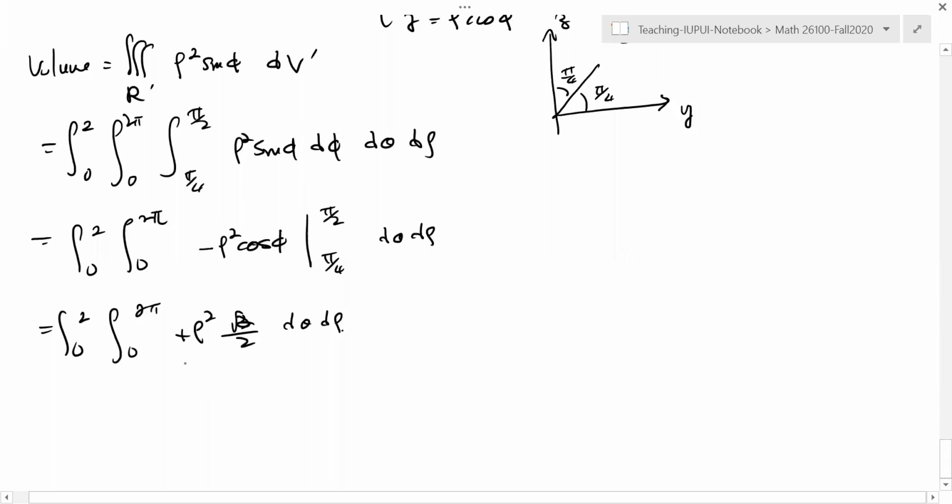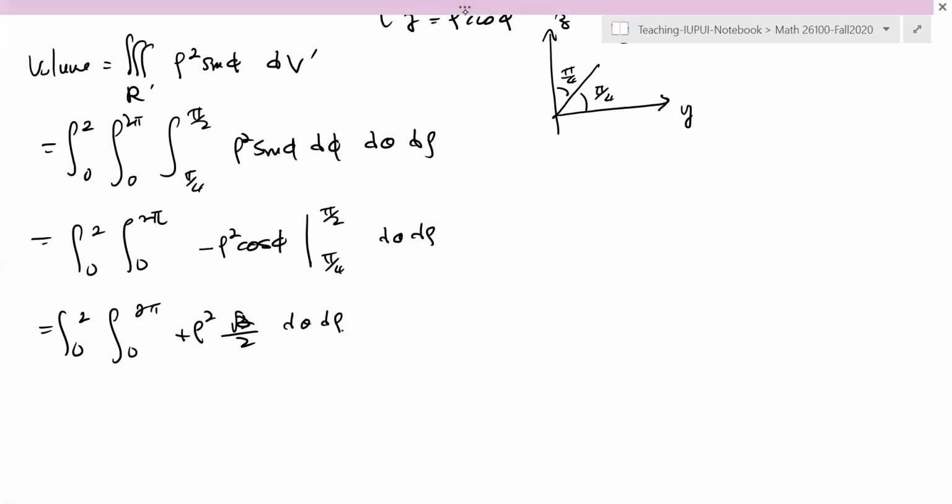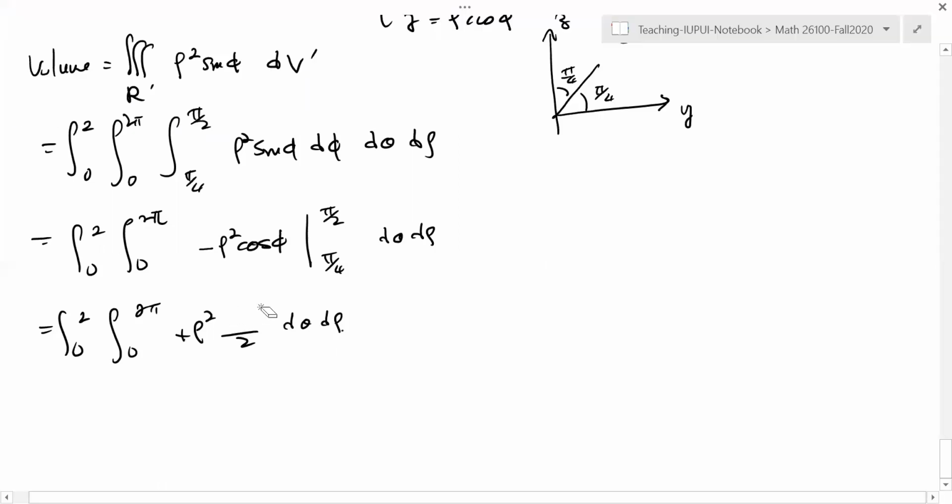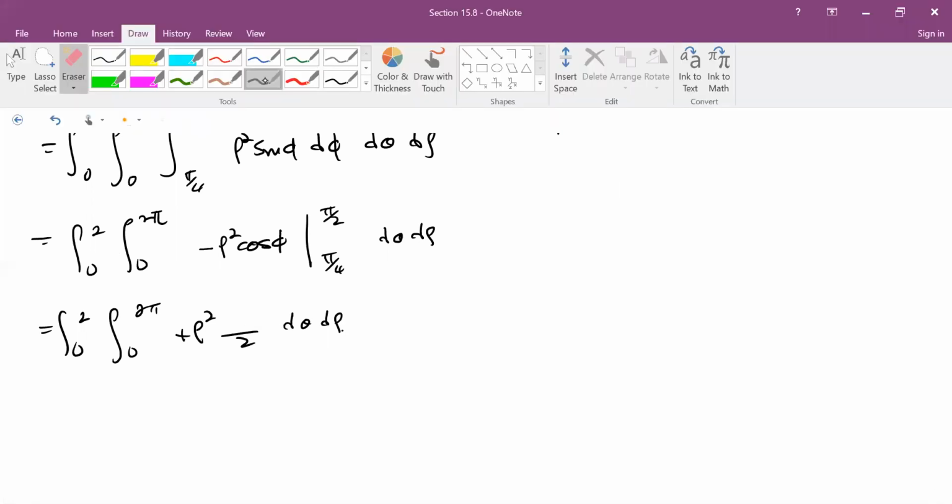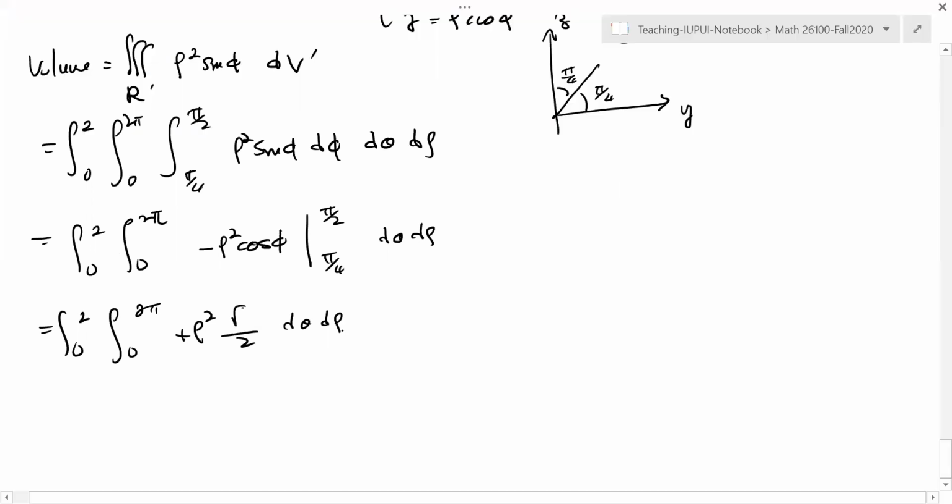So now this is independent of theta, right? So you can just multiply by 2 pi. Okay, this is square root 2 over 2, rho square times 2 pi d rho.